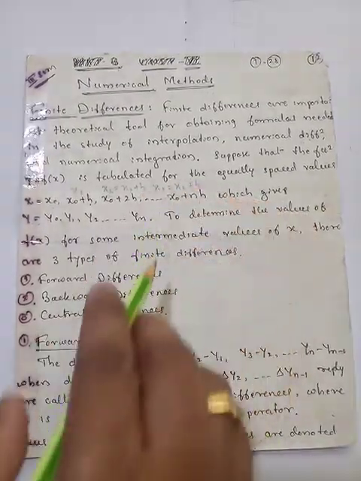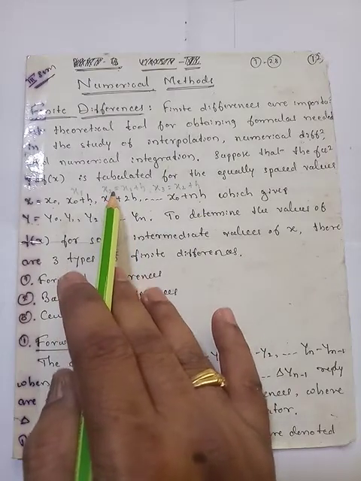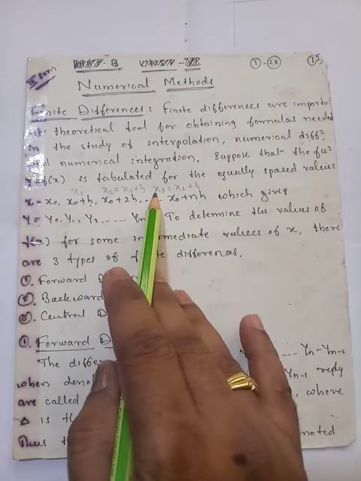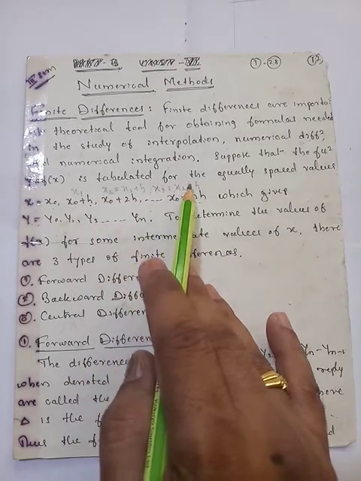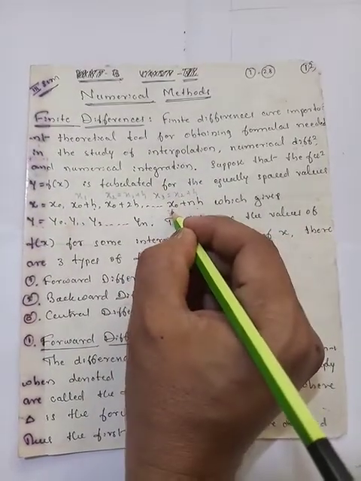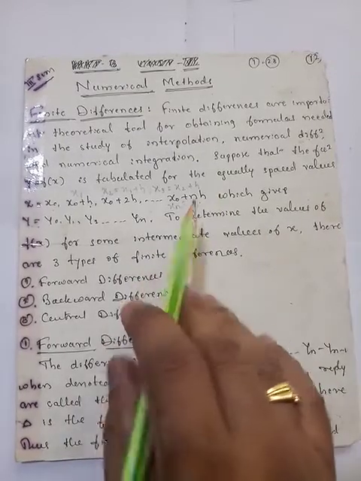Or in another way, x2 we can also write as x0 plus 2h, x3 as x0 plus 3h, like that. This is xn, and xn is x0 plus nh.